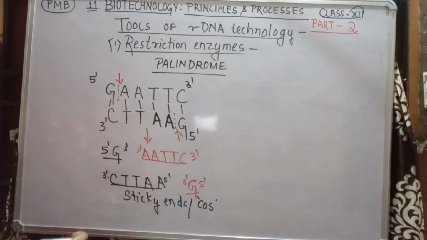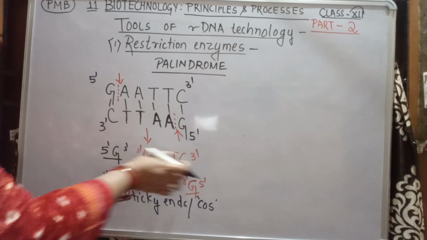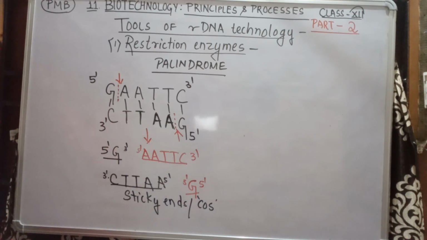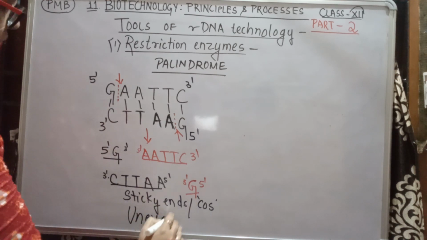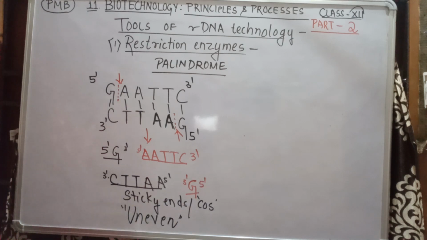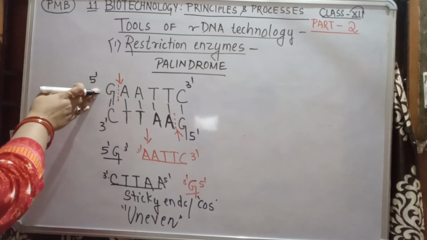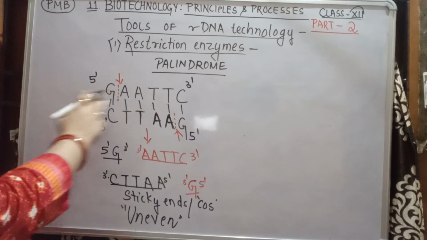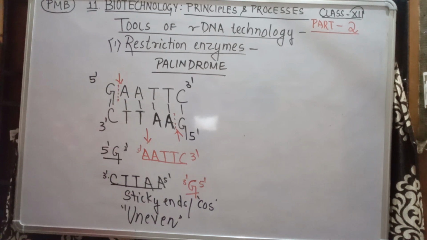Because they are not similar. One portion is too long and one portion is very short. They are uneven. So these are uneven ends or sticky ends. When this palindromic sequence is cut at different lengths, it gives these sticky ends.